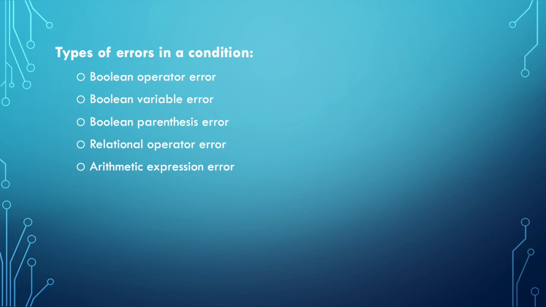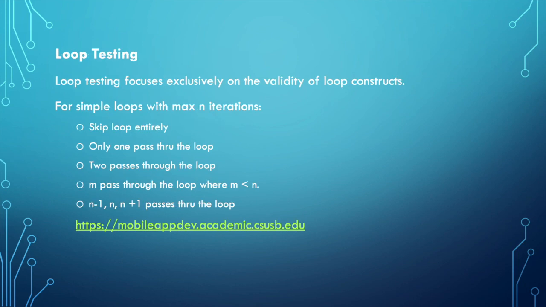These are the test cases you will try to test that relational error condition. Now you have loop testing, and you always encounter loop testing primarily for the loop constructs.